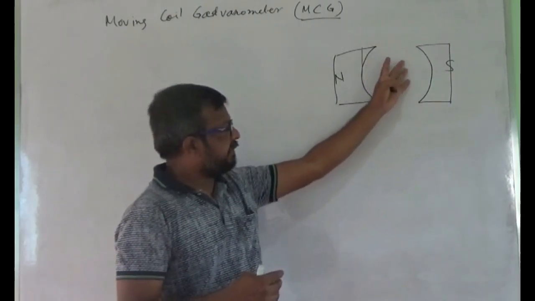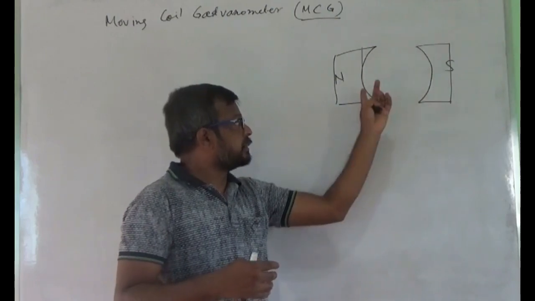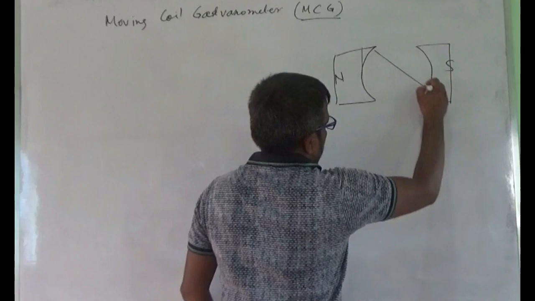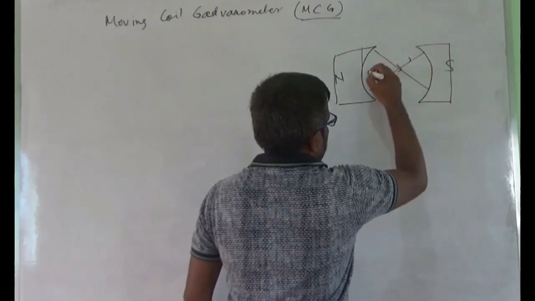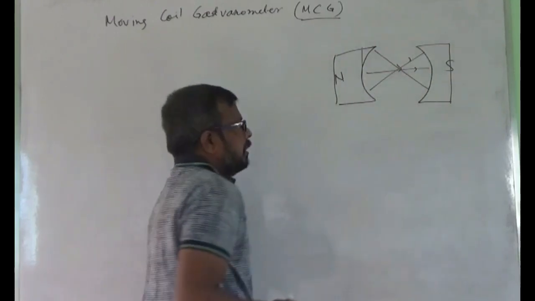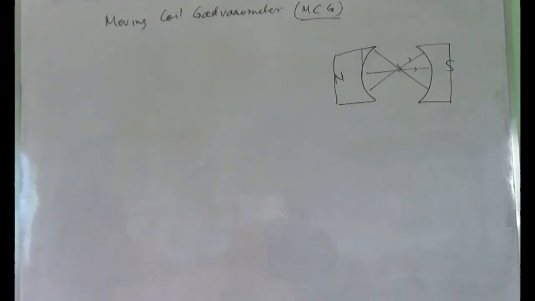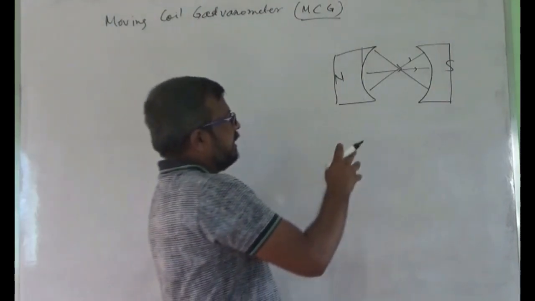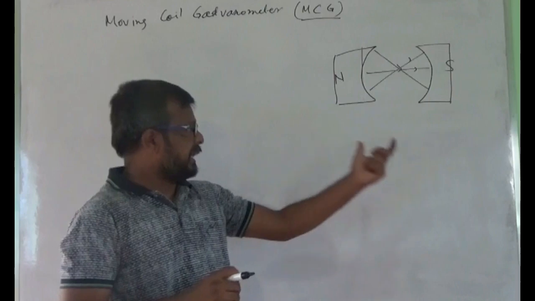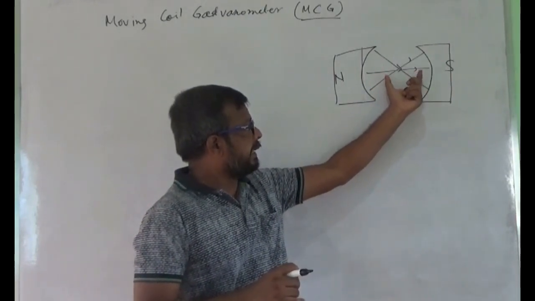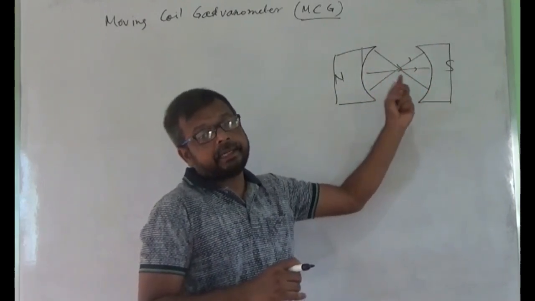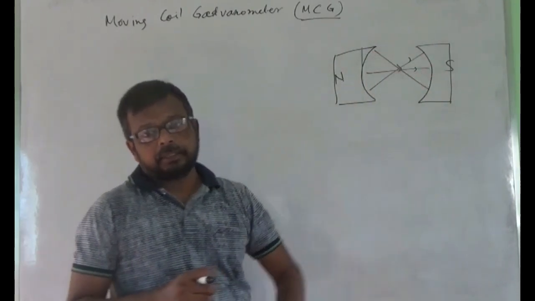And here the magnetic field will be radial, like this will be the field lines, so that the magnetic field will be uniform. Now if we place a current carrying coil here, then it will experience a torque and it will try to rotate.